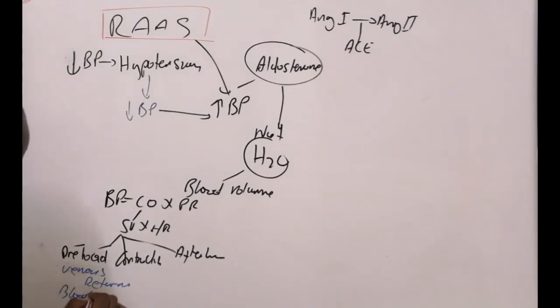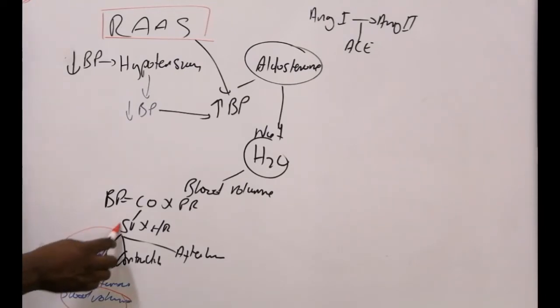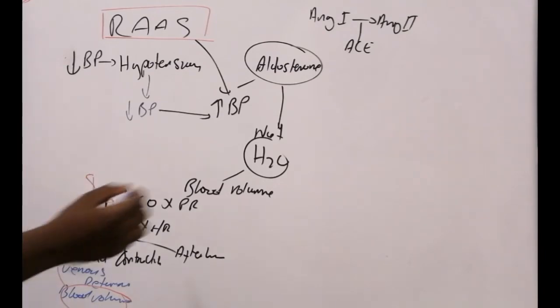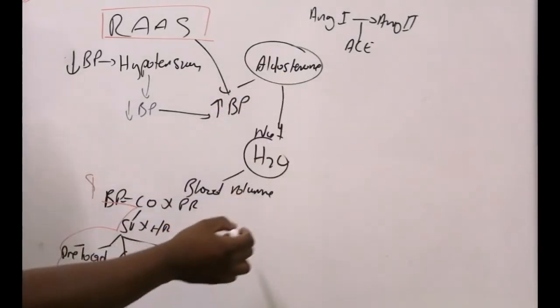How much blood do you have there? So if you increase blood volume by absorbing a lot of water or drinking a lot of water, you will eventually increase preload, stroke volume, cardiac output, and increase your BP. This is what aldosterone does.